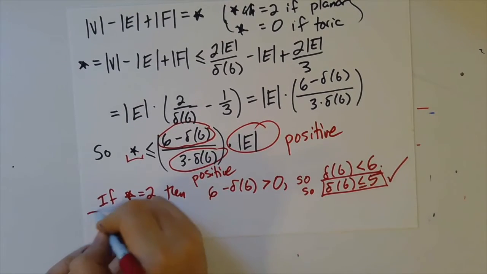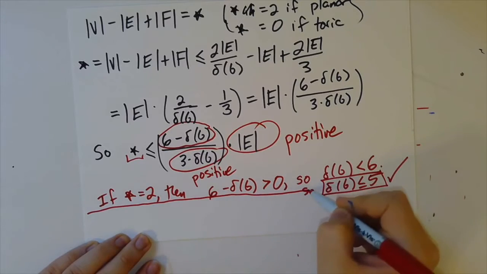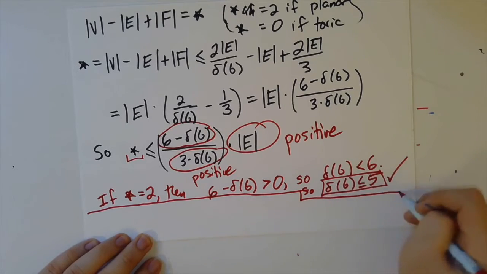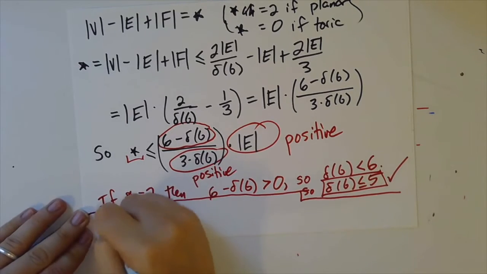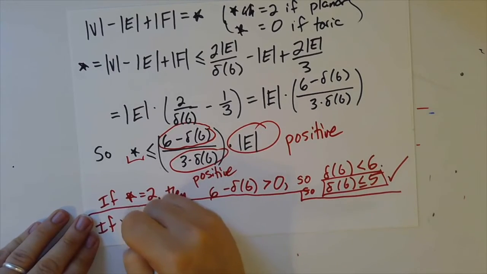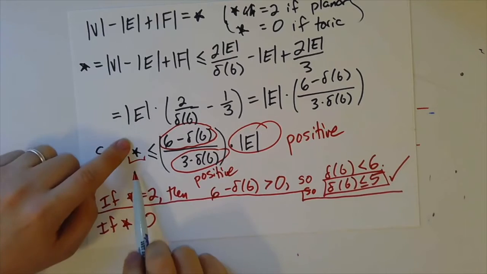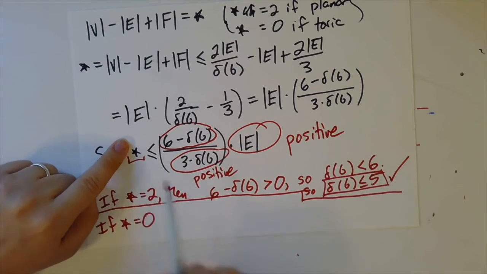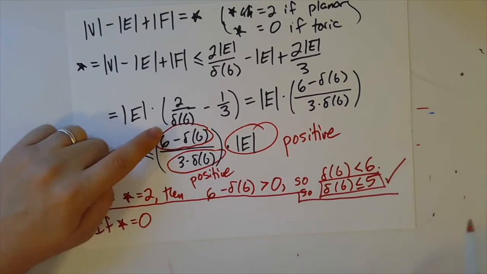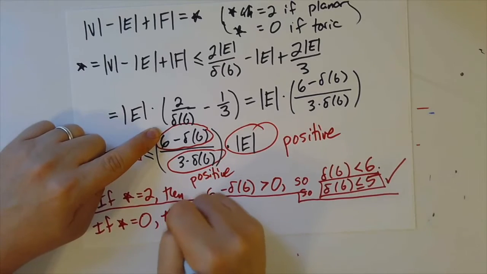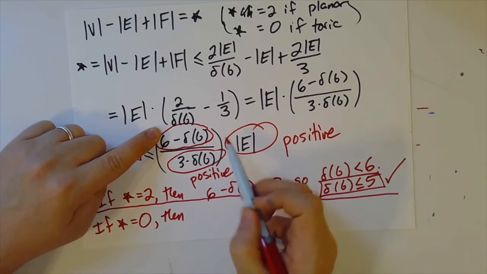Okay. On the other hand, if asterisk is 0, then all I know is the left-hand side is non-negative. So I know this must be non-negative because all these things are positive, so this must be non-negative.